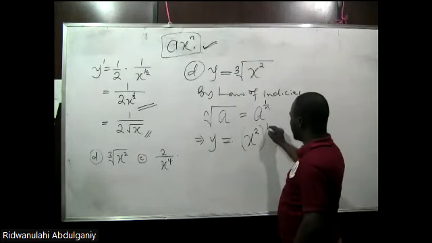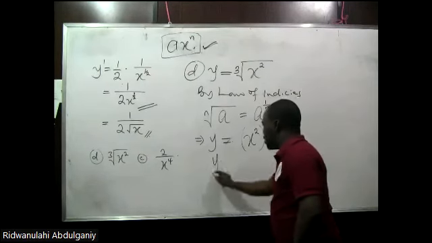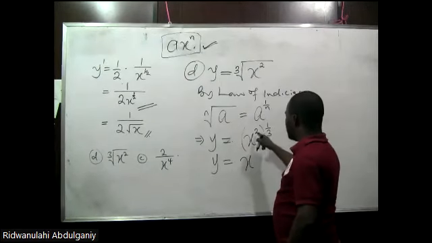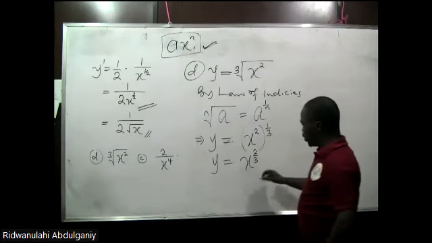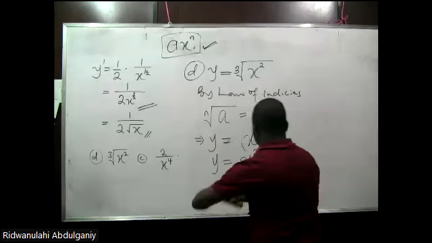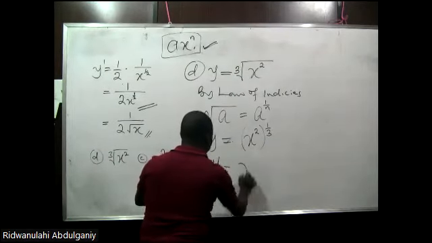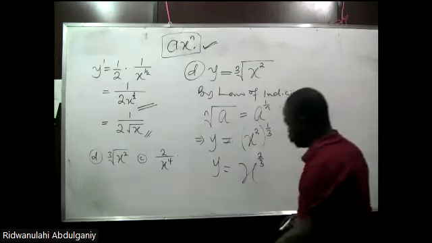That becomes 1/3. So I have it now as Y equals X raised to power 2 times 1, which gives us 2, over 3. So this is what we are going to differentiate now. Let me write it properly. Y equals X^(2/3). That's what we want to differentiate.